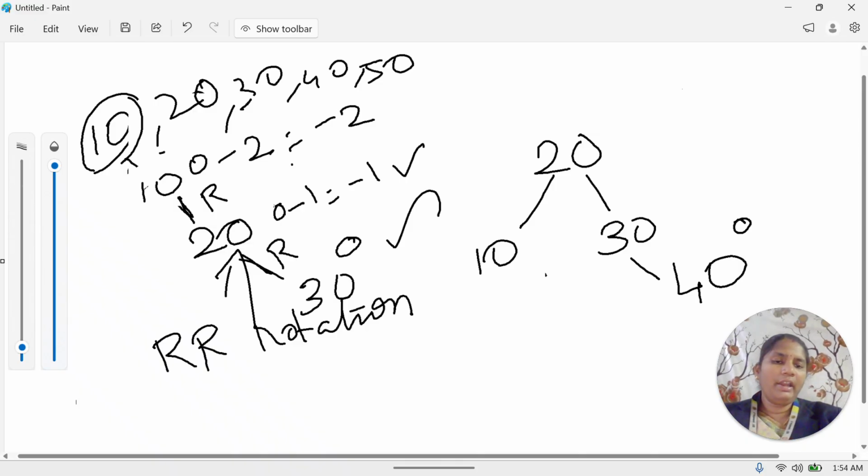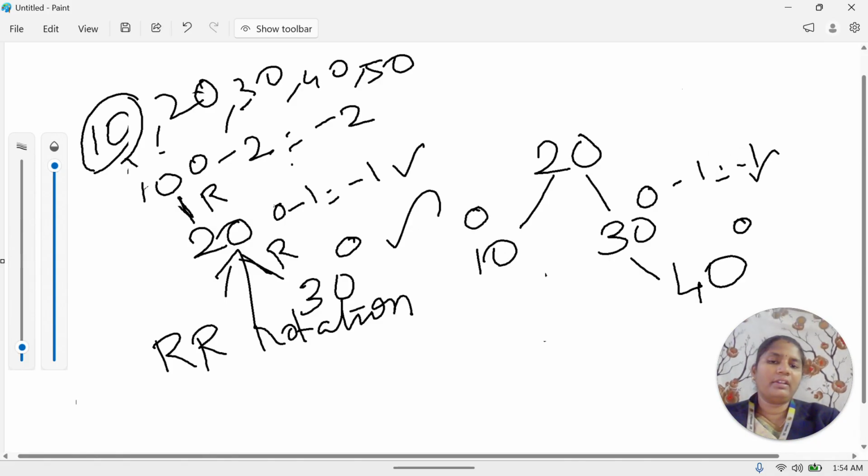For 30, the height of the left is 0 minus 1, that is minus 1, so the condition is also satisfied. Here there is 0. Now we check the root node balancing factor. The height of the left subtree is 1 and the height of the right subtree is 2. The answer is minus 1, so this condition is also satisfied.